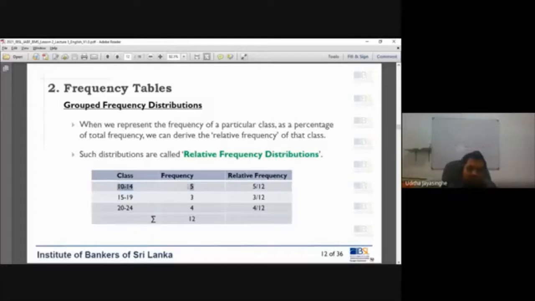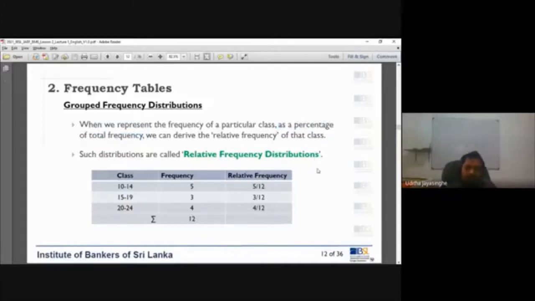And the total number of items is 12. So the whole idea is again a percentage of total frequency. When you do that, we call it the relative frequency distribution.